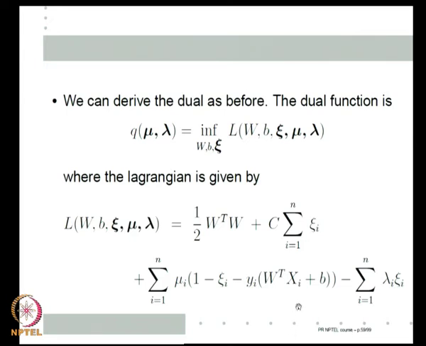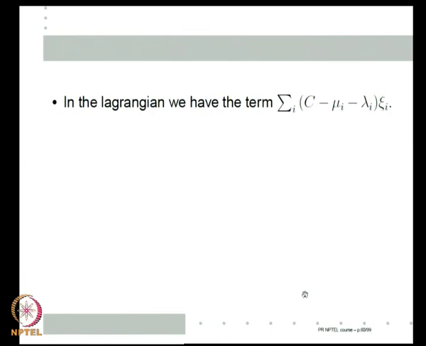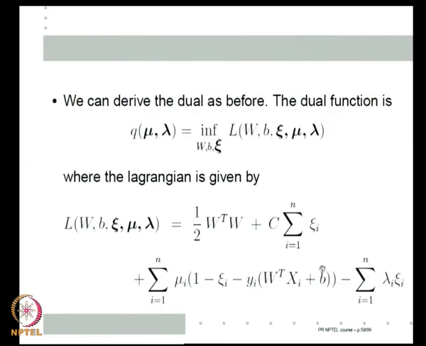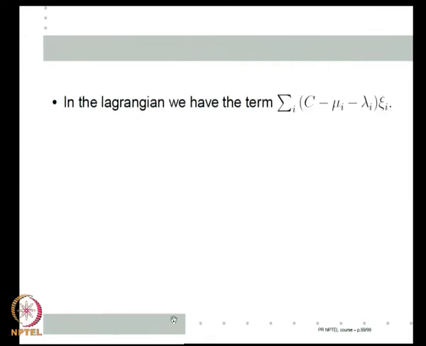Let us first consider finding the infimum with respect to Ji. What is the Ji dependence of this term? For each I have a Ji into C minus mu I minus lambda I term. So, for a given lambda and mu, if C minus lambda I minus mu I is not 0, then I can take that Ji to be as negative as I want when I am taking the infimum, or as positive as I want, and hence the infimum will be minus infinity.